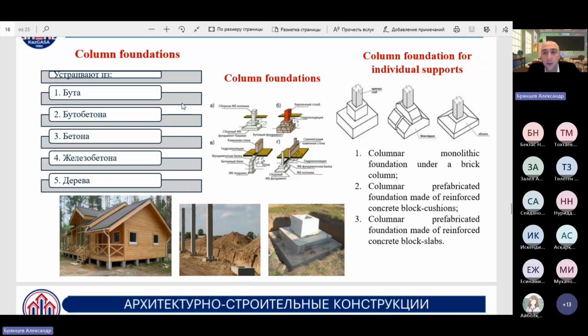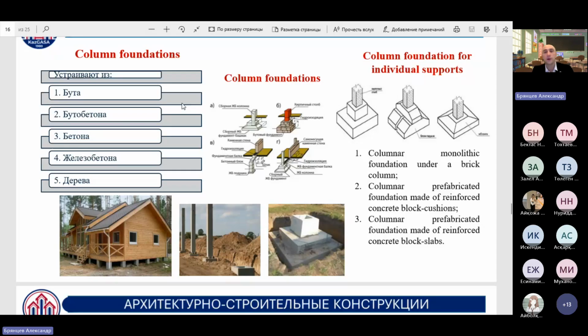So the column foundations consist of beams and grillage. I place it between the piers, and the beams help to tie the structures together between each other.